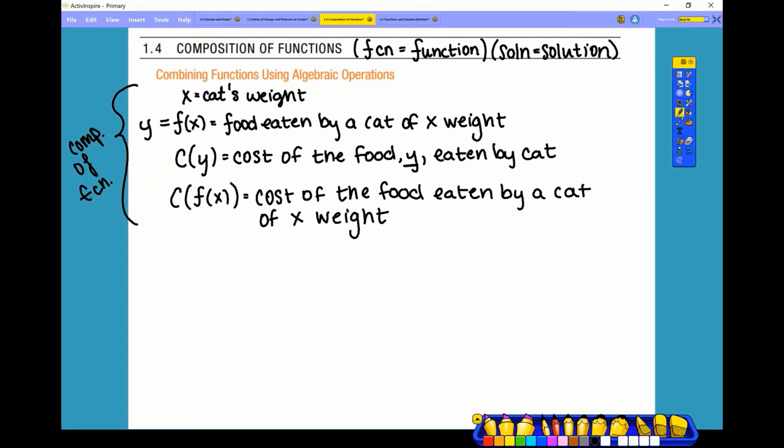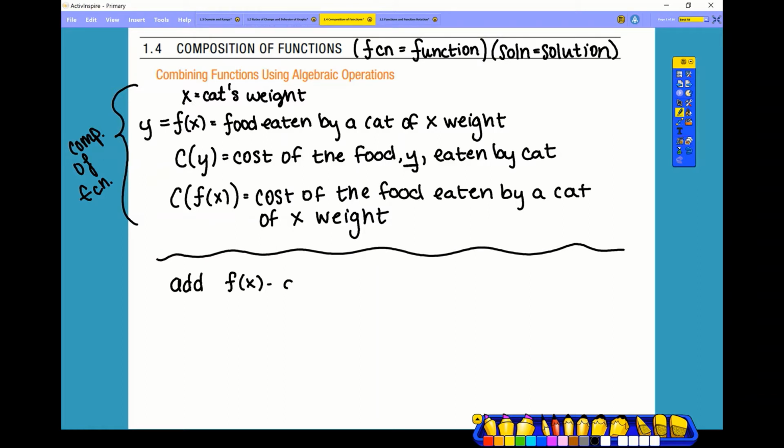Okay, so along with combining functions, composing functions inside of other functions, we can also do basic things. Like we can add functions. So if f of x is a function and g of x is a function, we can add them.